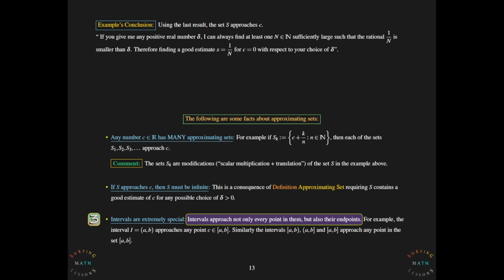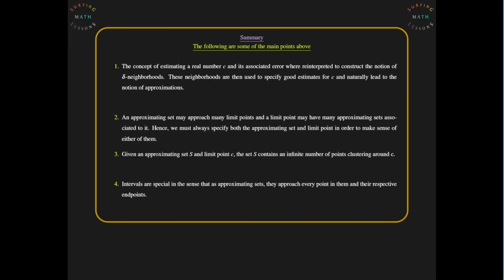Before moving on to the last topic in this set of notes, let us briefly outline the main ideas in this subsection. First, the concept of estimating a real number C and its associated error were reinterpreted to construct the notion of delta neighborhoods.